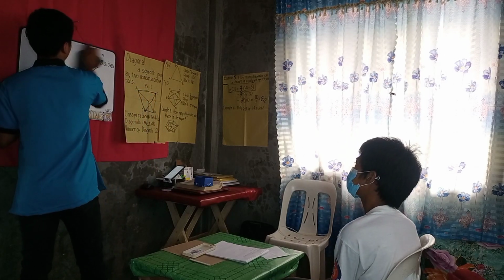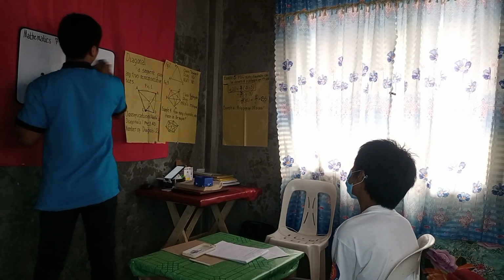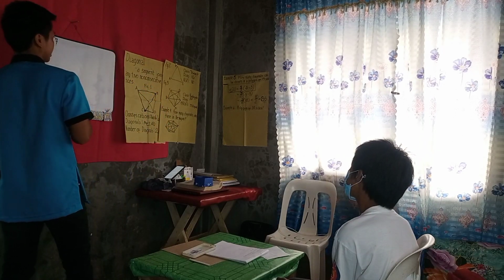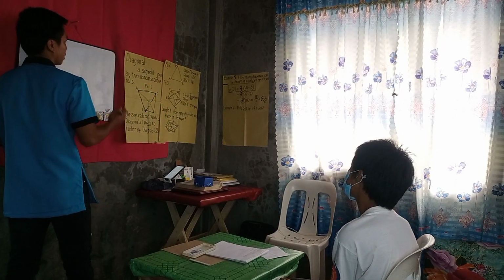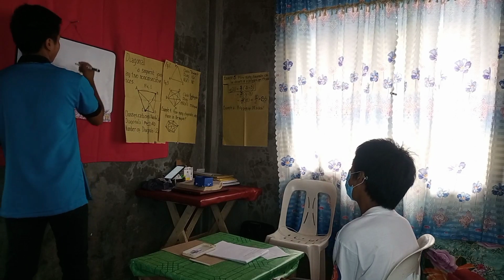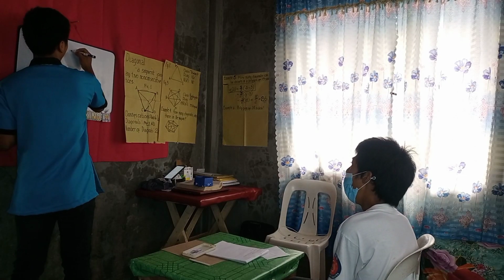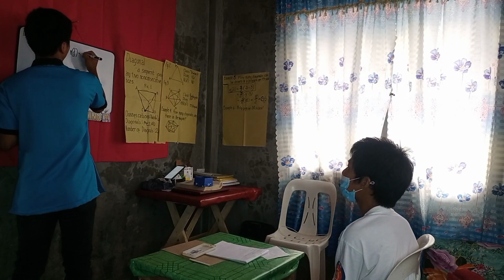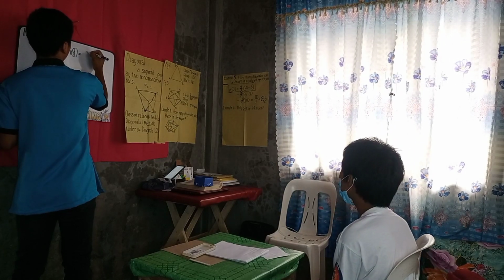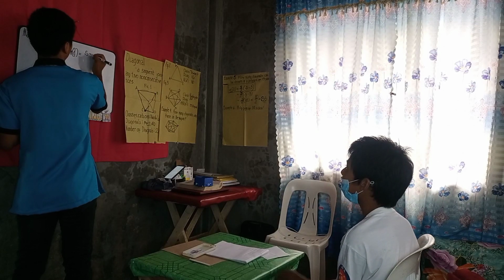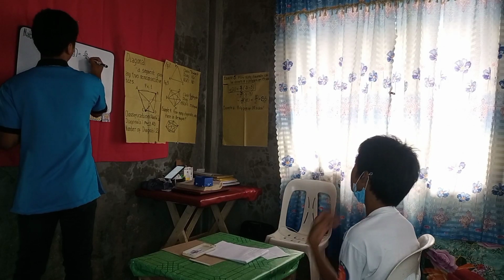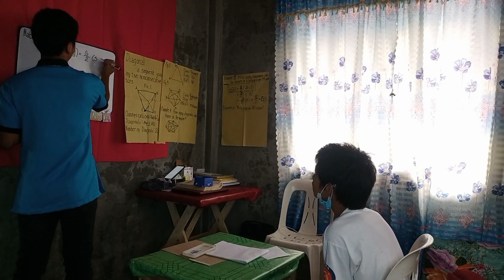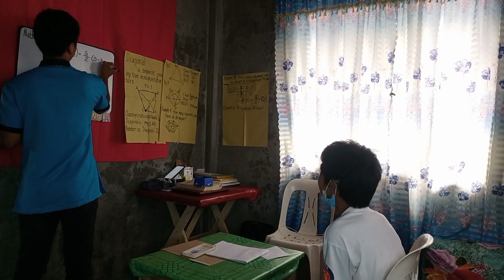Okay. Let us do example number 16 when we have a polygon of 14 sides. So, what is our formula? The number of diagonals equals the sides over 2 times the sides minus 3.